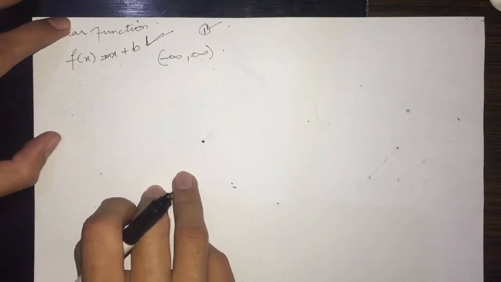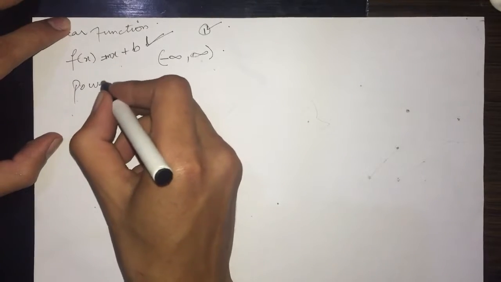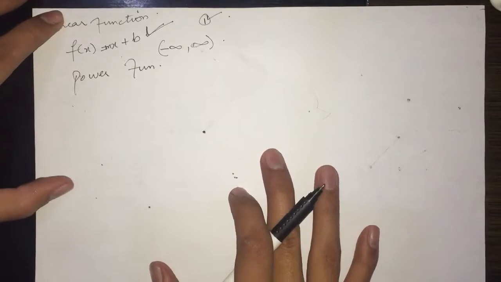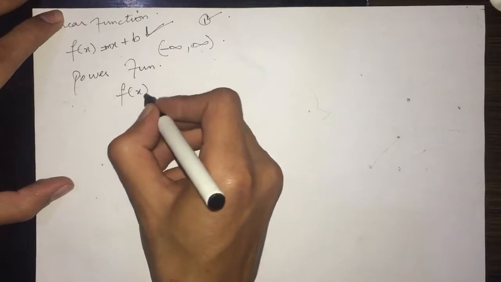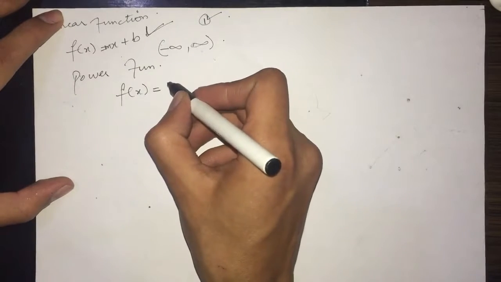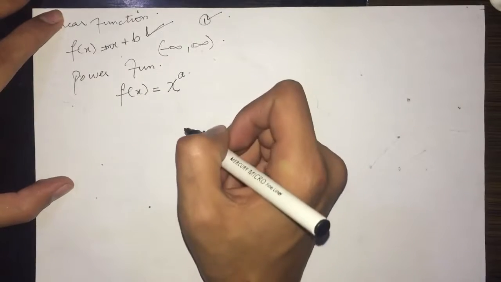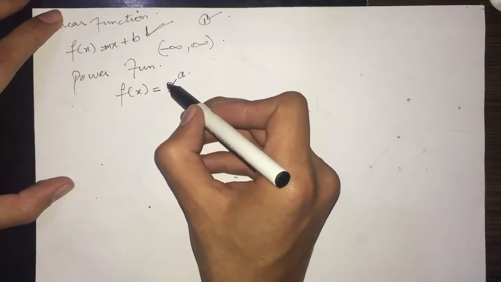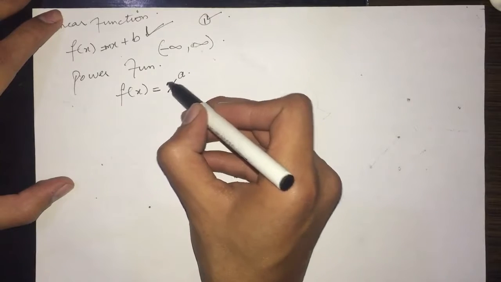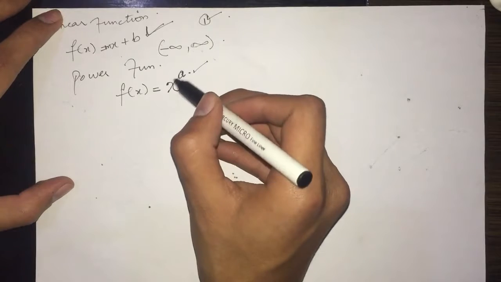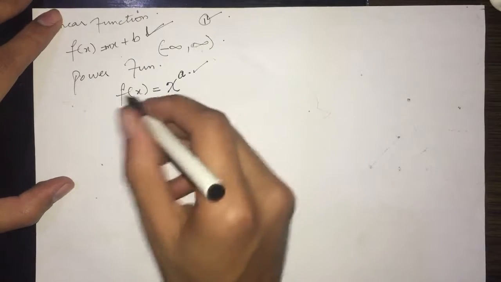Alright, the next function is a power function. So what is a power function? A power function is where you have f of x equals x, the variable, raised to a constant as its power. So you have x, the base, and then you have a constant as its exponent. This is called a power function.